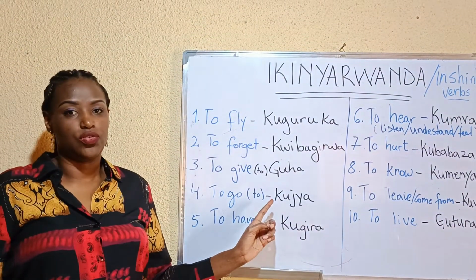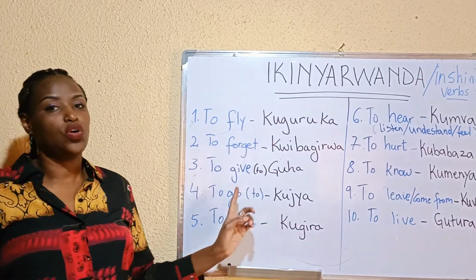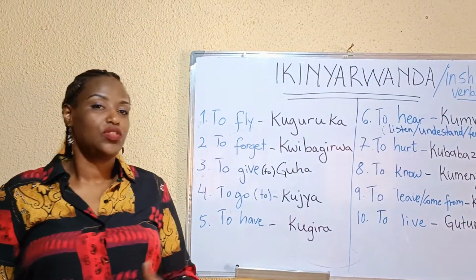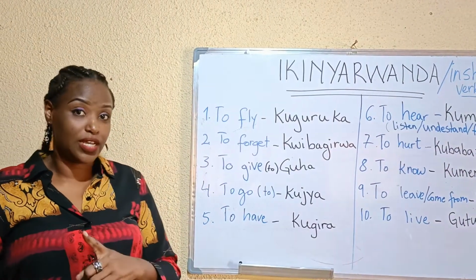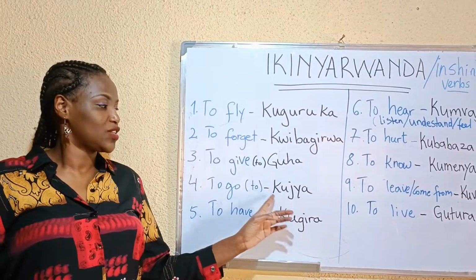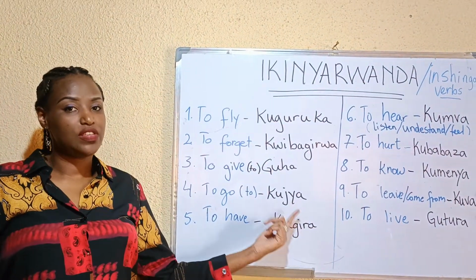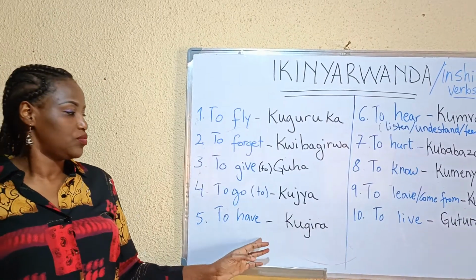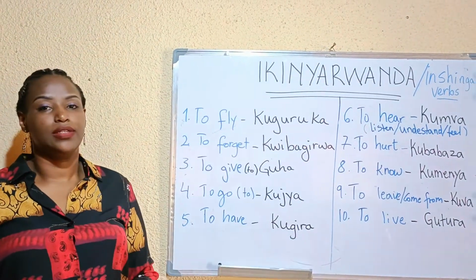To go to. This is also because we have another verb that is used for to go, kugenda. So this time we are only doing to go to, which is kuja, because this is followed by a place. To have, kugira.